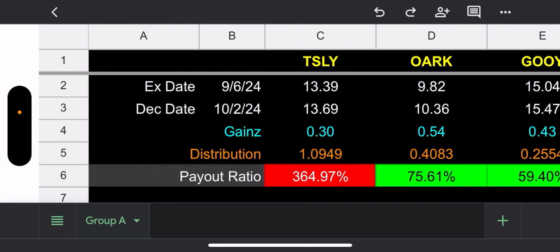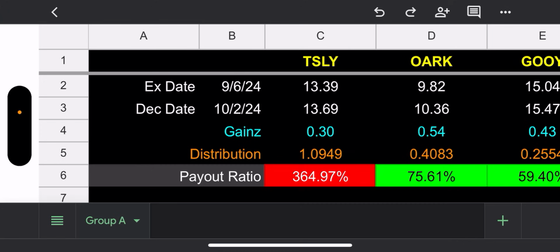For you dividend investors, you're familiar with the payout ratio. It's basically like the net income divided by the dividend in general. It's how much they made versus how much they're paying out. You want them to be able to afford their dividends, so you want a low payout ratio.